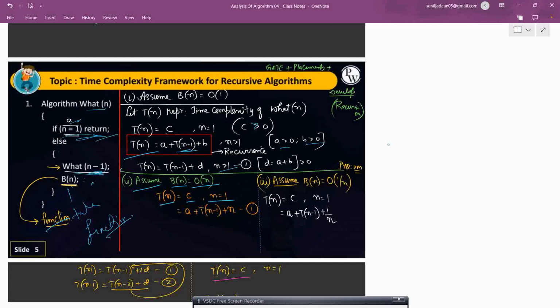If B(n) is order of n, then if n is equal to 1, T(n) is equal to C, else it is A plus T(n minus 1) plus n. Or else we can assume that B(n) is a function which has time complexity of order of 1 by n. So this will be the equation for n greater than 1.